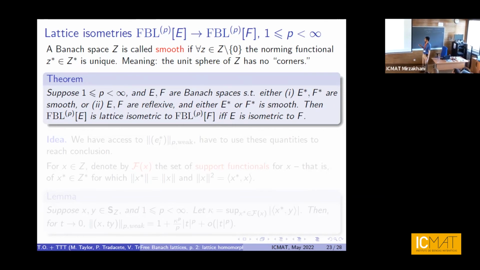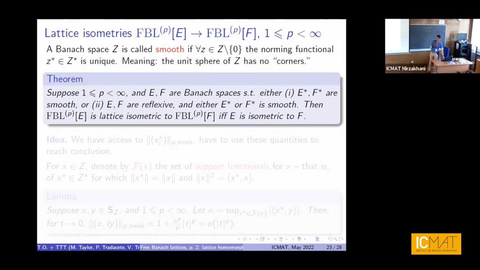Let's suppose that one of the two cases holds: either both E star and F star are smooth, or they are both reflexive and one of them is smooth. If the Banach lattices on E and F are lattice isometric, then E and F themselves must be lattice isometric.